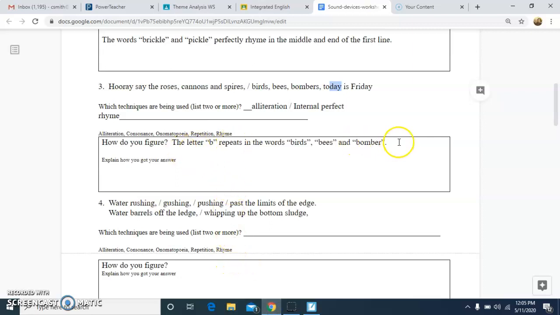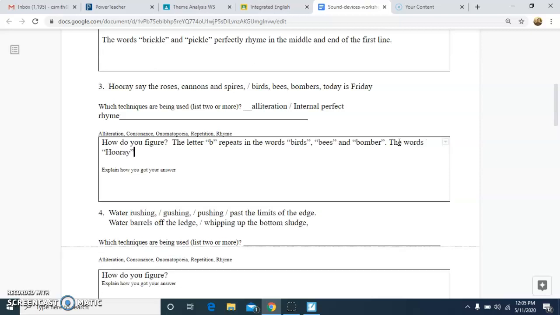For the second one, we could list that the words hooray, say, today, and Friday perfectly rhyme at, again, explaining the internal part of it, the beginning, middle, and end of lines 1 and 2. And again, that's how we would want to explain our rhyming.